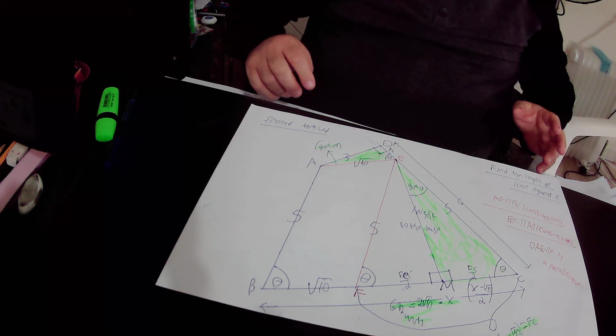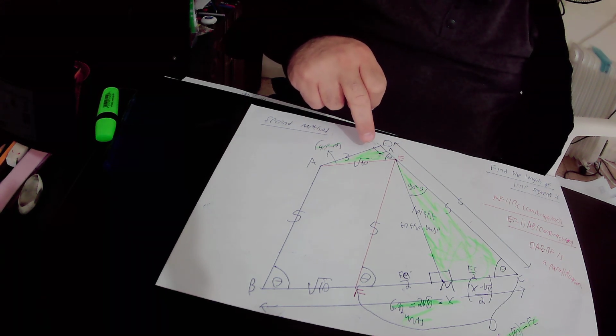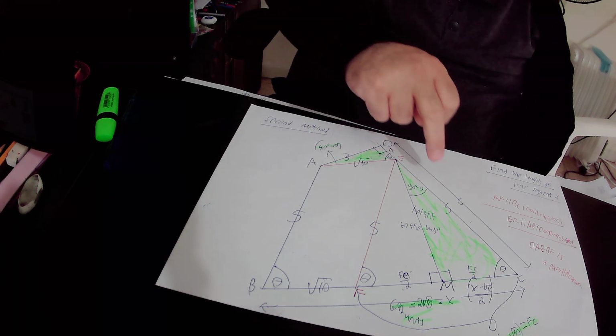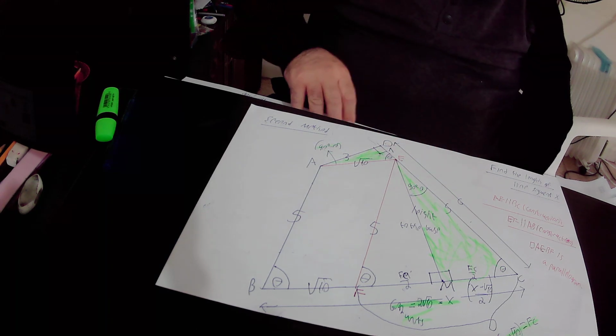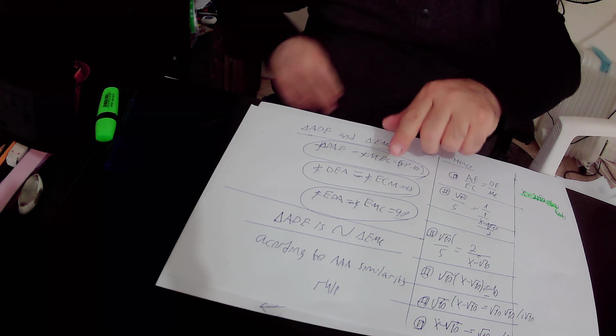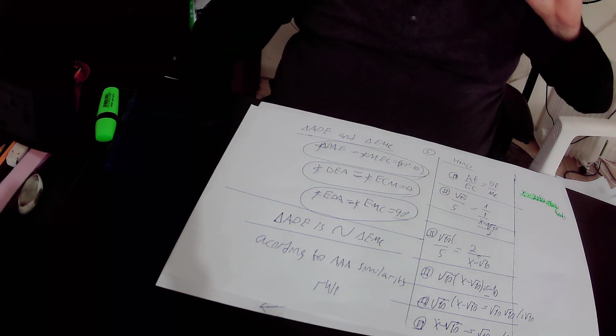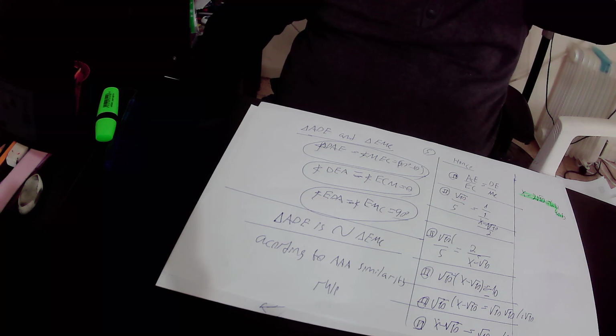So, therefore, triangle ADE is similar to triangle EMC according to the angle similarity rule.